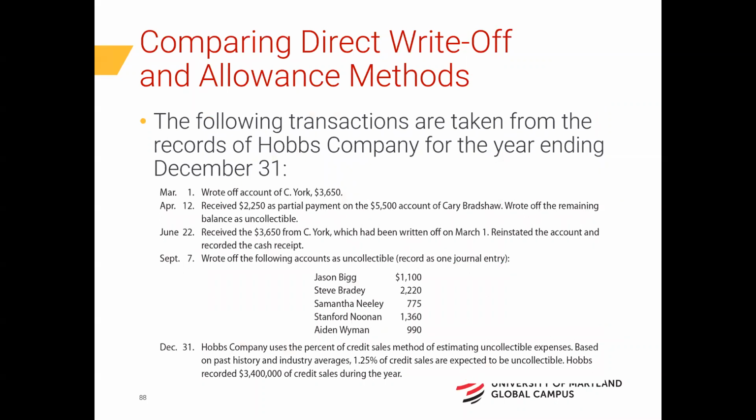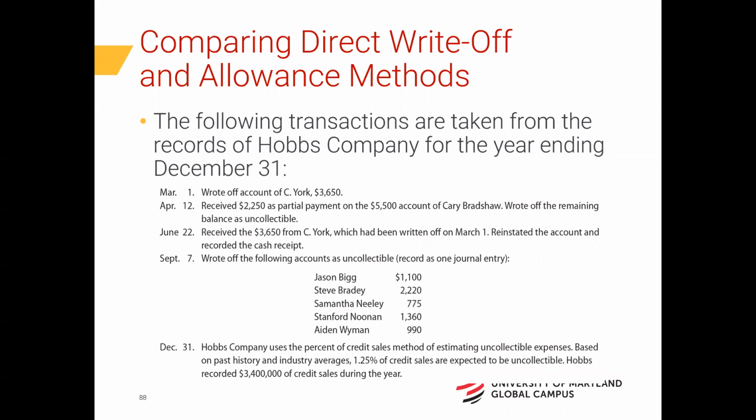So in that type of comparison, here's another example. Here's some data that we have. A couple of transactions. We wrote off an account. We received partial payment from another customer. Received payment from another customer. We wrote off a couple of other accounts, so forth and so on.